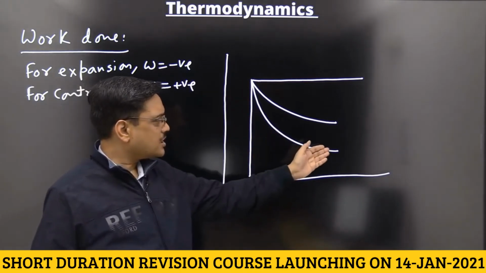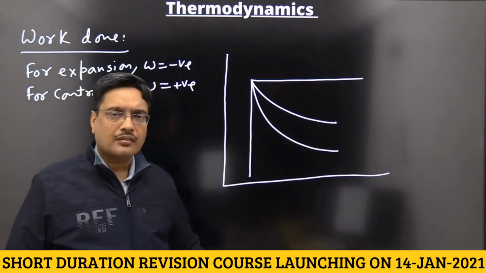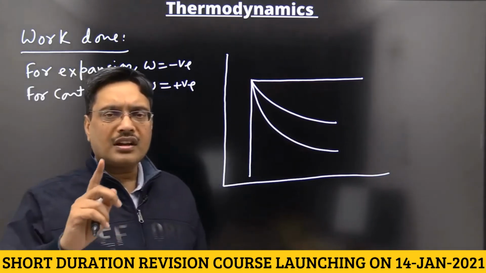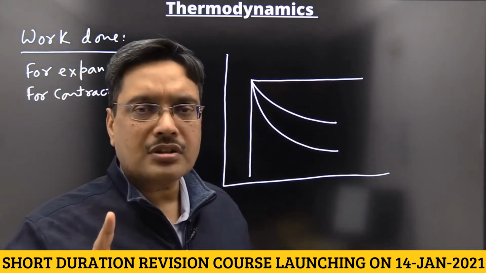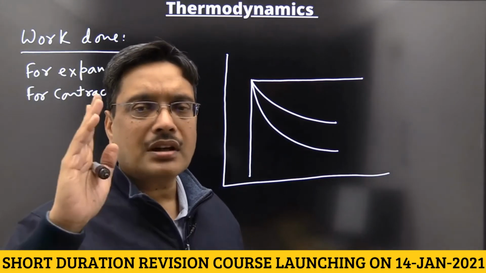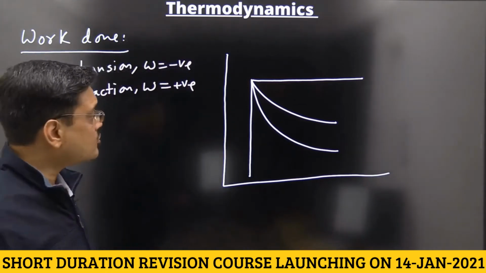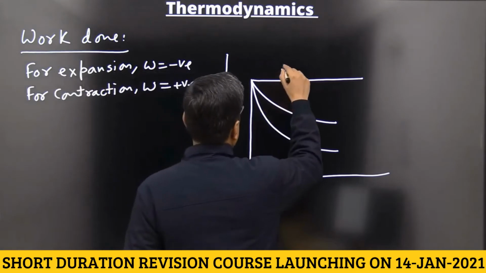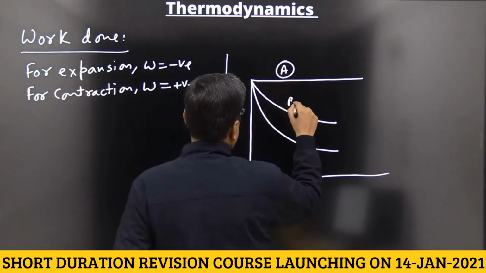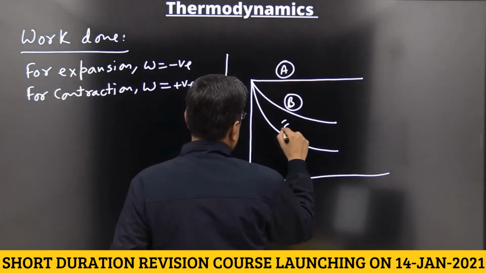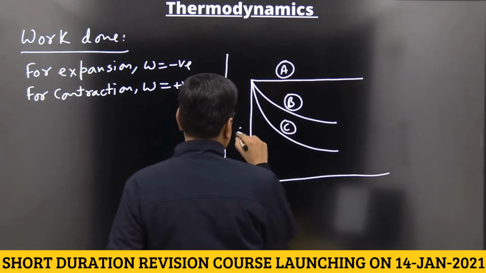This line has a steep curve, and this is a normal curve. When a steep curve is present, the process is adiabatic, and when a normal curve is present, the process is isothermal. This is A, this is B, this is C, this is D.